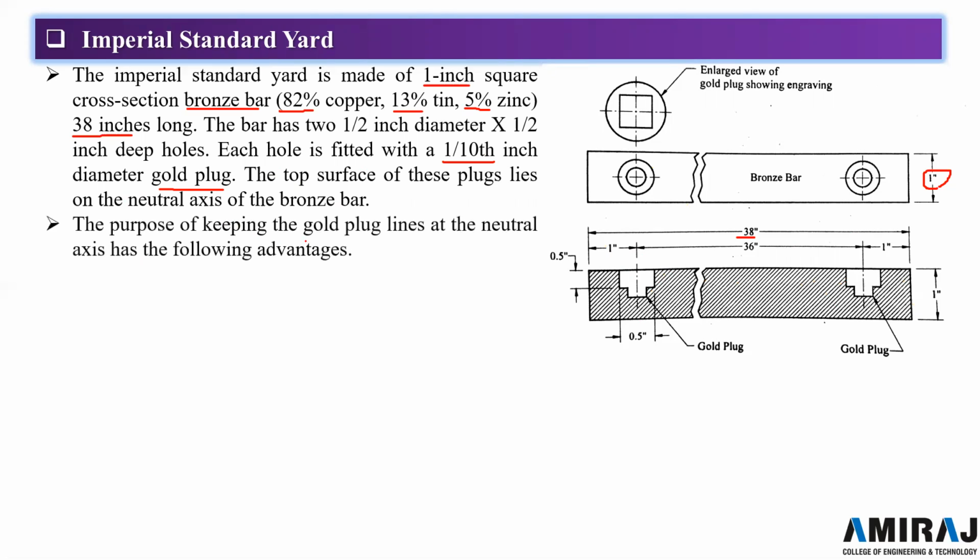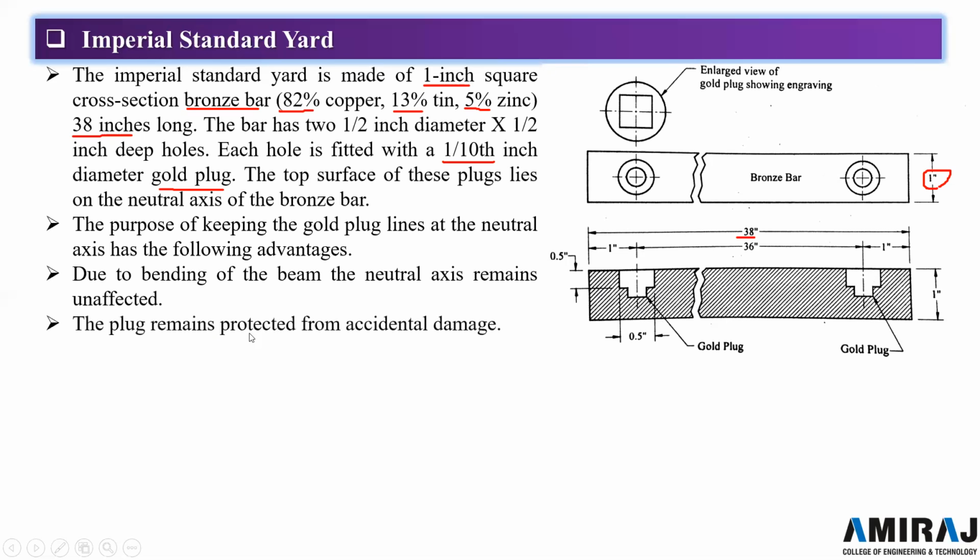The purpose of keeping the gold plug at the neutral axis is that it has some advantages. The first advantage is that due to bending of the beam, the neutral axis remains unaffected, and the plug remains protected from accidental damage.